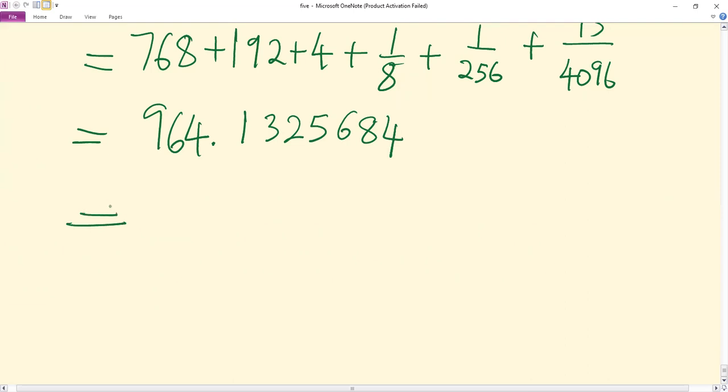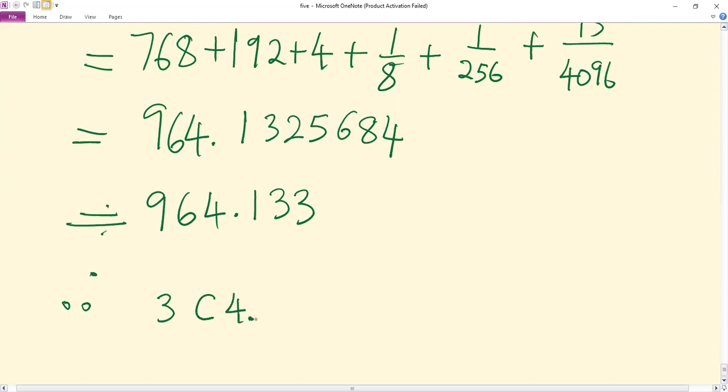Now to 3 decimal places, it's approximately 964.133, and therefore you say 3C4.21F base 16 is the same as 964.133 to base 10.